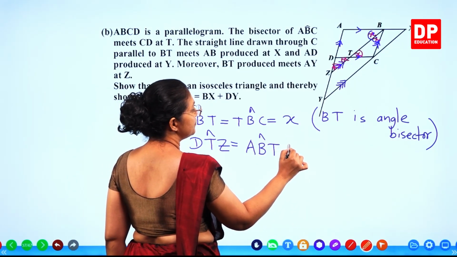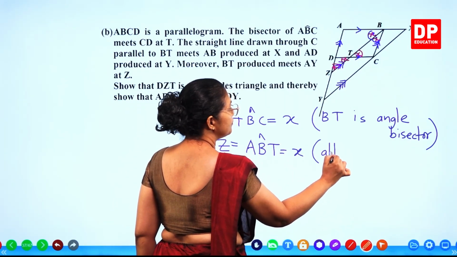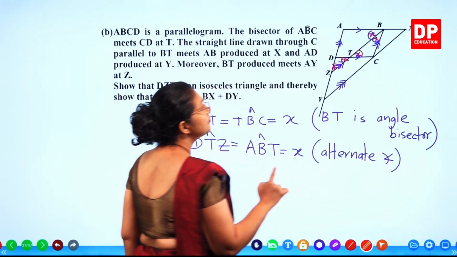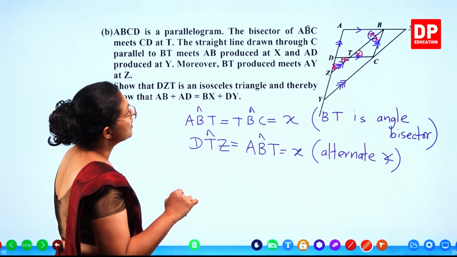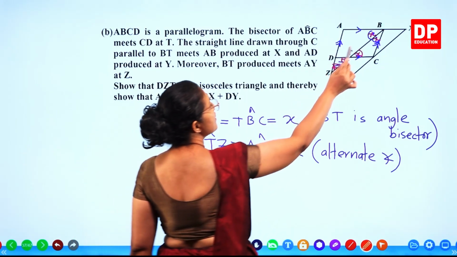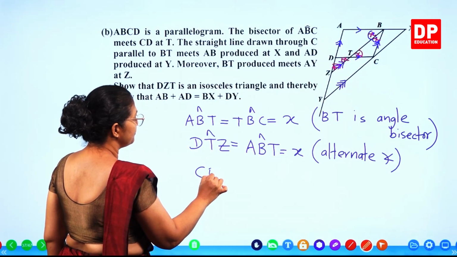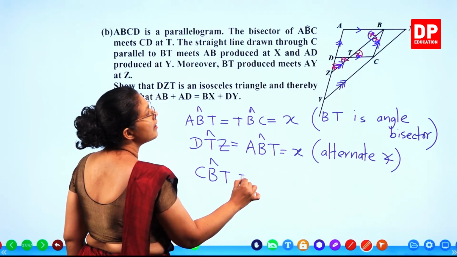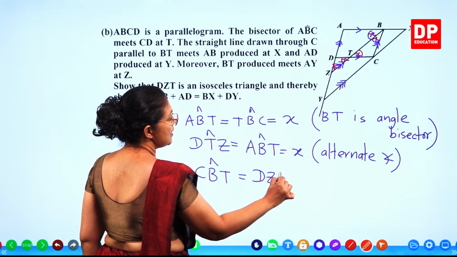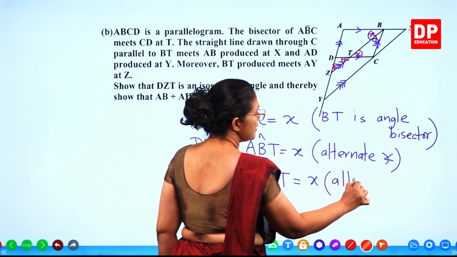Alternate angles. That's also X. And we can write these two angles now. Angle CBT is equal to angle DZT. That's also X. Alternate angles.